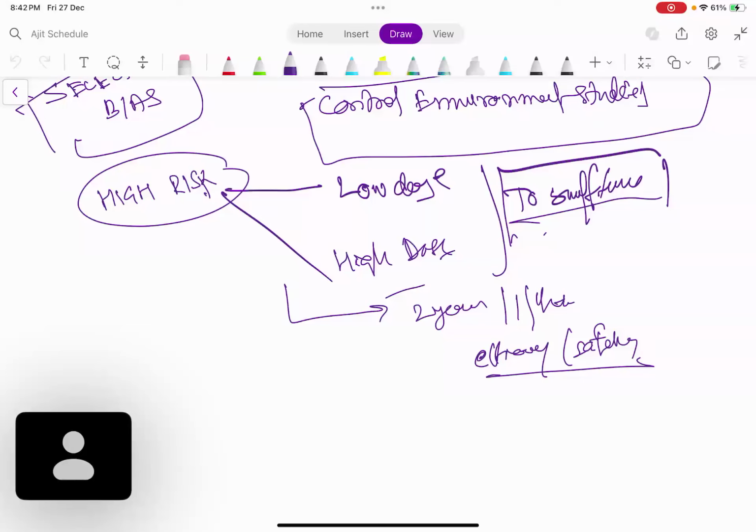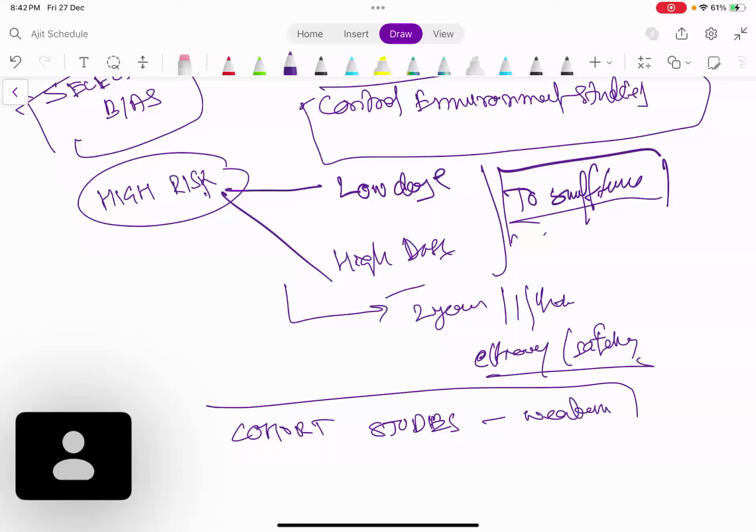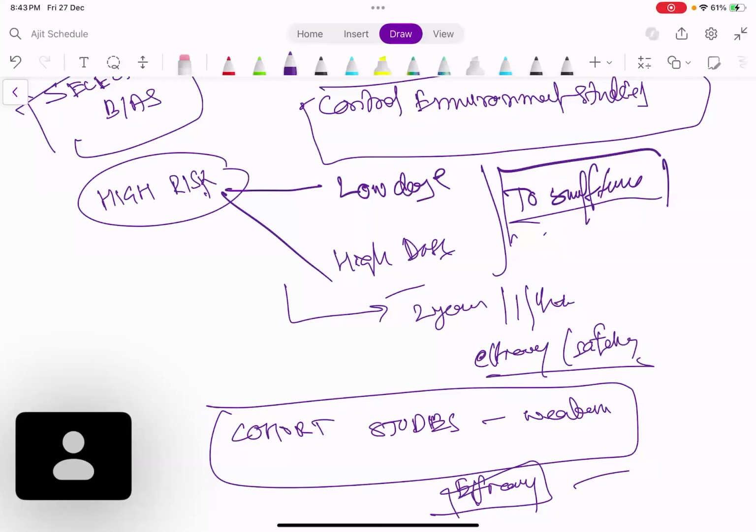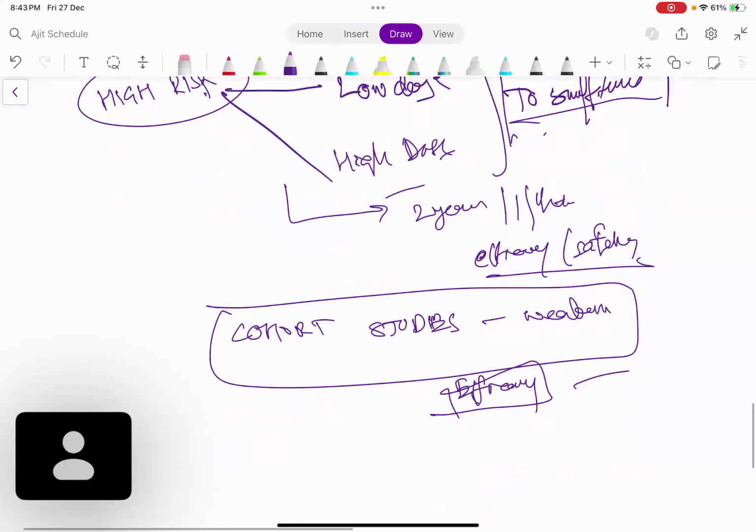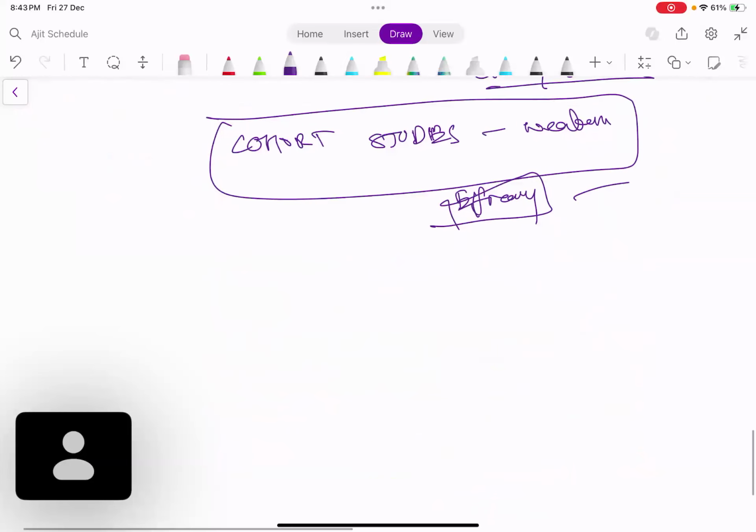But cohort studies are weaker than randomized control trials for efficacy. If you want to check efficacy, you don't need to go for cohort, you have to go for a randomized control trial.